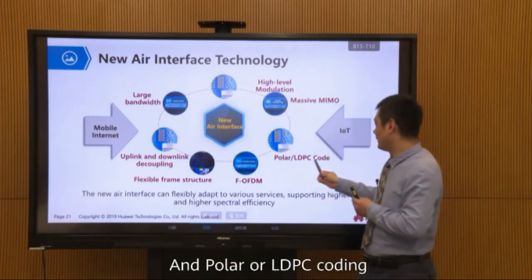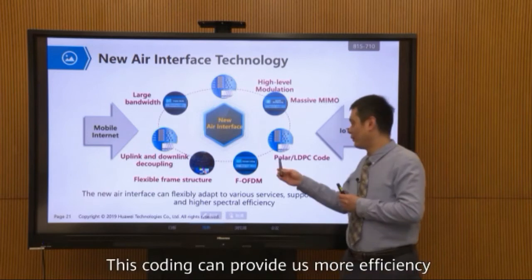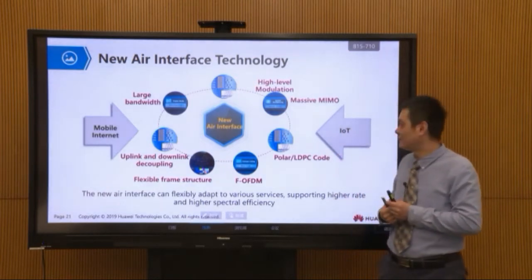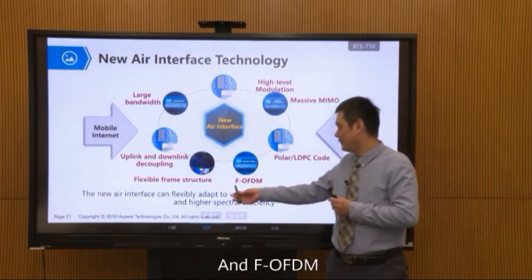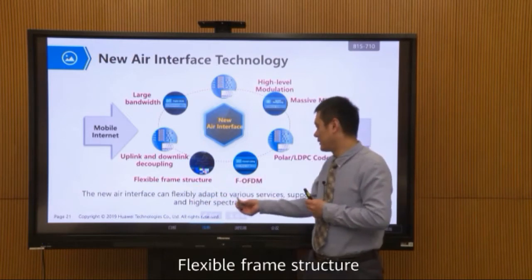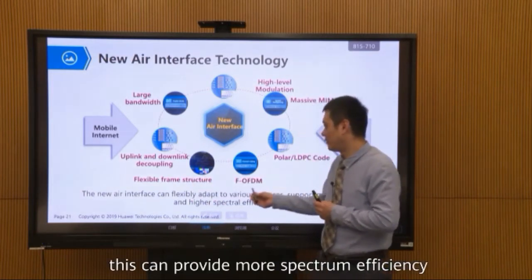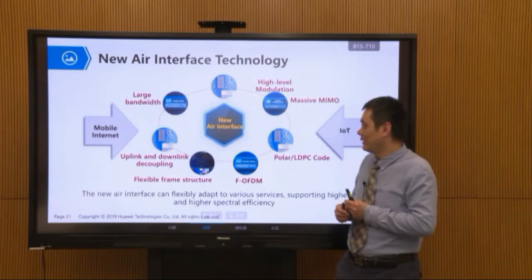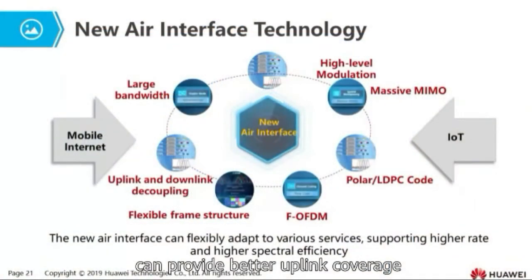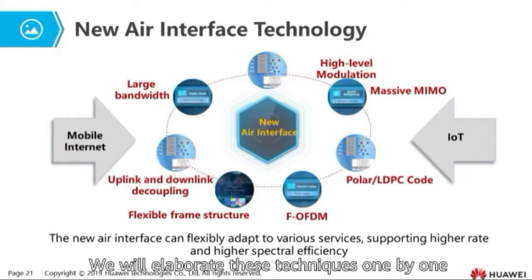And polar or LDPC coding, this coding can provide us more efficiency. And F-OFDM and flexible frame structure, this can provide more spectrum efficiency. And the uplink and downlink decoupling can provide better uplink coverage. Okay. We will elaborate these techniques one by one.